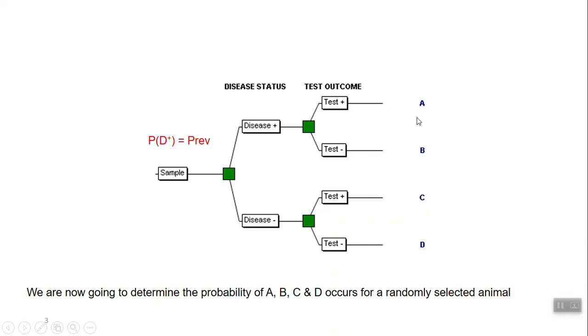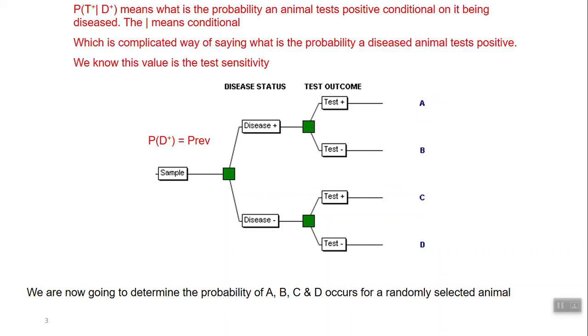And so we would say the probability that the first part of that branch occurs, so that the animal is disease positive, is going to be our prevalence. Okay, and that is going to come from the literature or from your knowledge of the farm, if it's looking at a smaller unit. And we need to combine that with something which we talk about in the probability theory context as the probability that we test positive conditional on being disease positive.